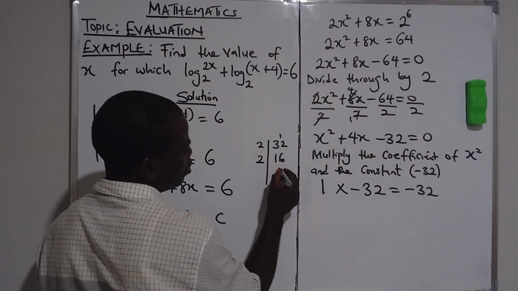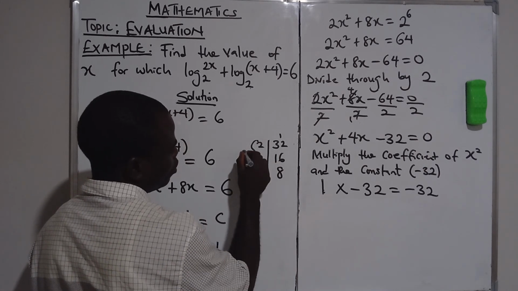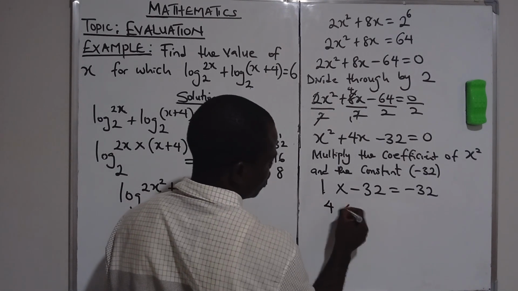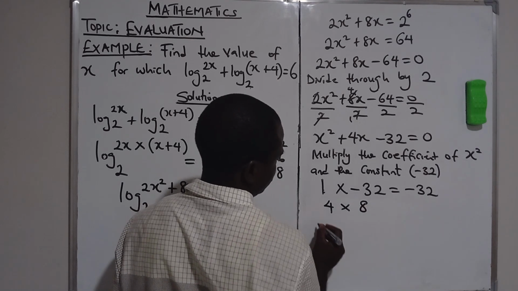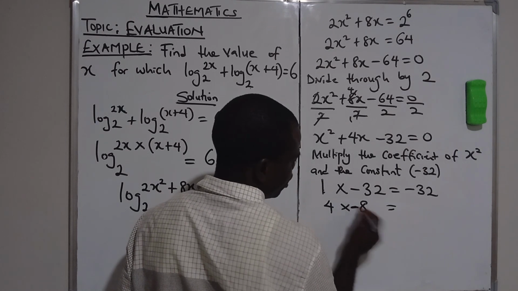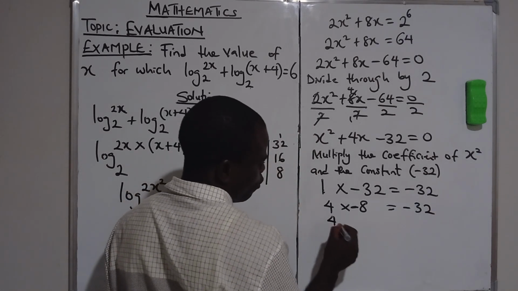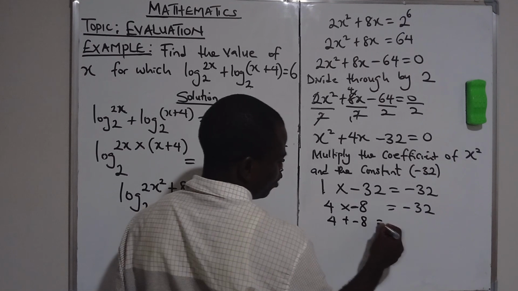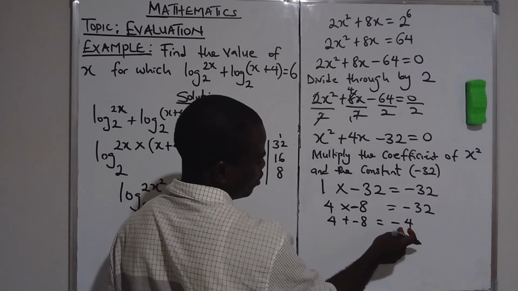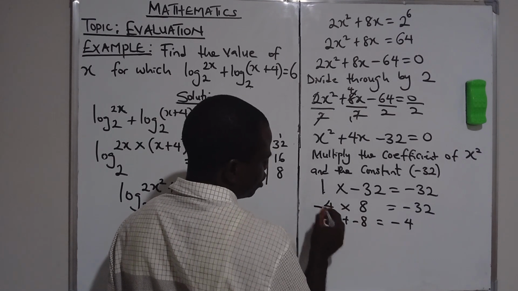You continue your division. 4 and 8. Let's pick this. 4 times 8, which when you put negative here gives you minus 32. Now start to add it. 4 plus minus 8 will give you minus 4, and you're having a positive sign here and a negative here. It means you have to change the sign to this place.